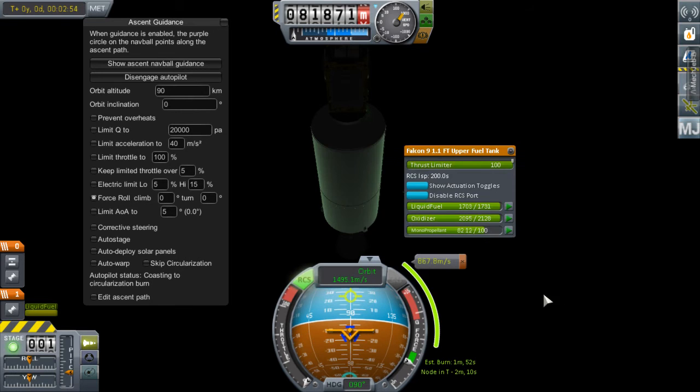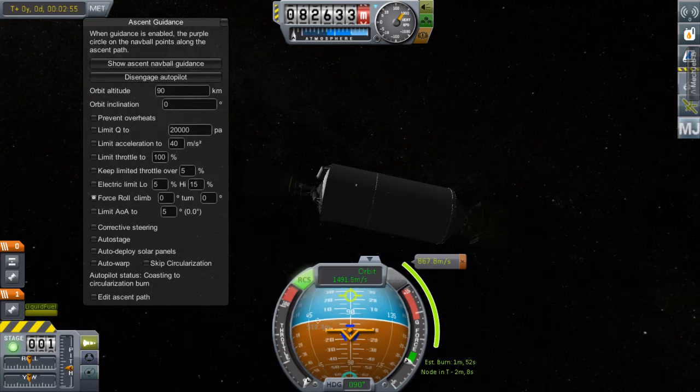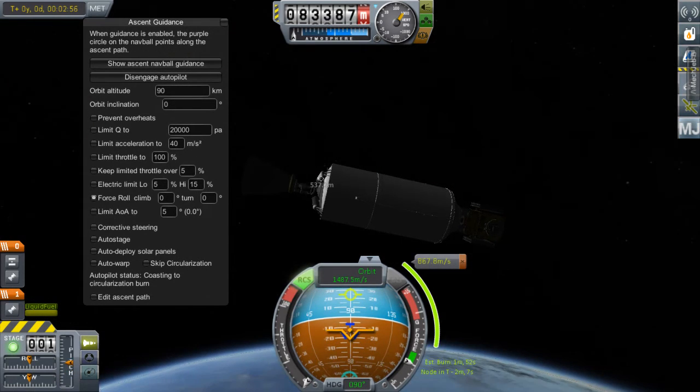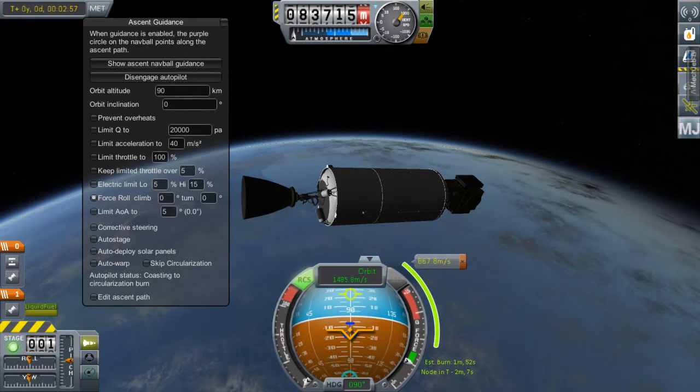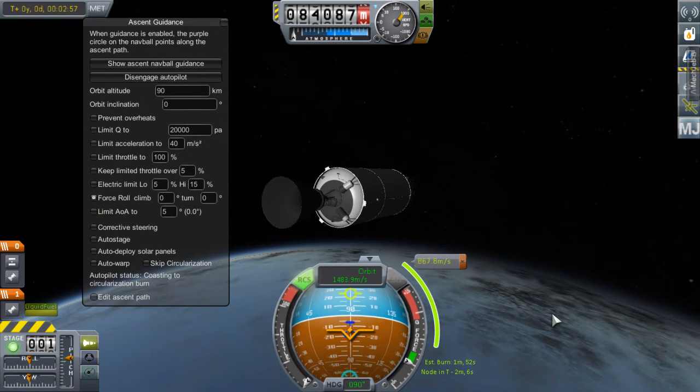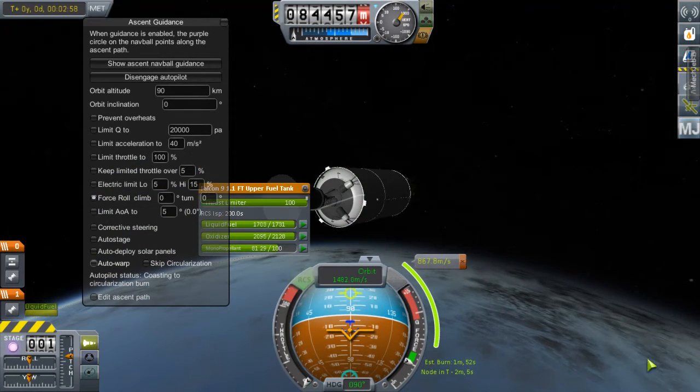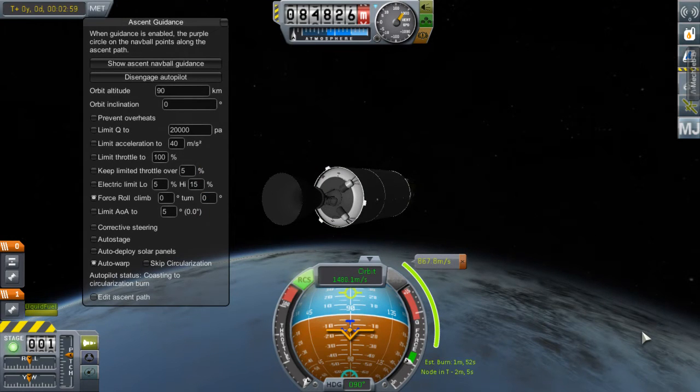View provided from the variable zoom camera, mounted to the bottom of the second stage. Now coasting to the insertion burn.